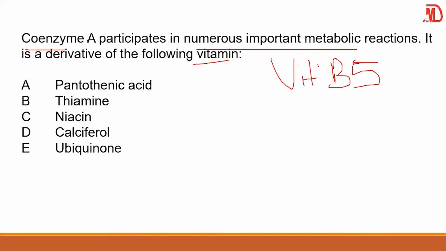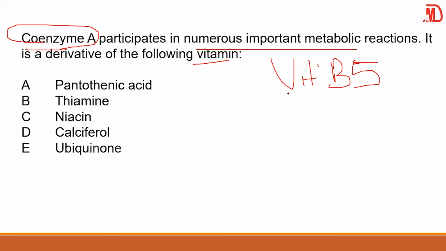So like I said, coenzyme A comes from vitamin B5, and this is a water-soluble vitamin. Now, another name for vitamin B5 is the what?